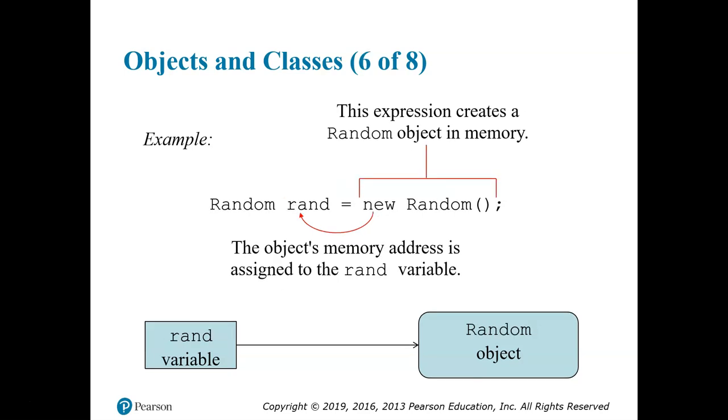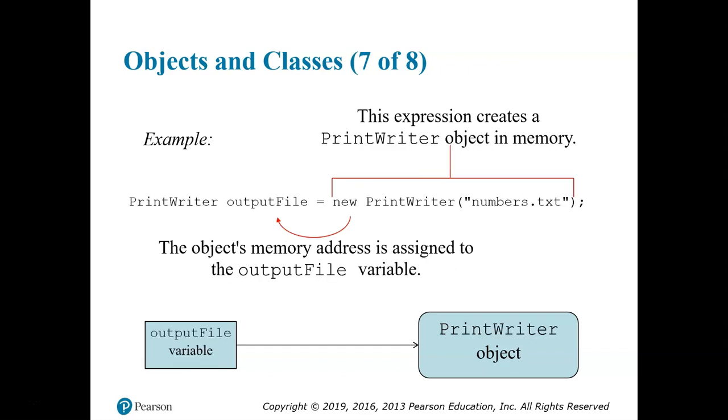The same can be seen here using the Random class. In this example, using the PrintWriter class, you can see the string numbers.txt, representing a file name and location, being passed as an argument to the PrintWriter class and a new object, outputFile, being created.